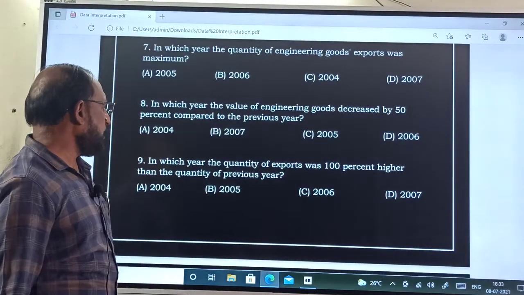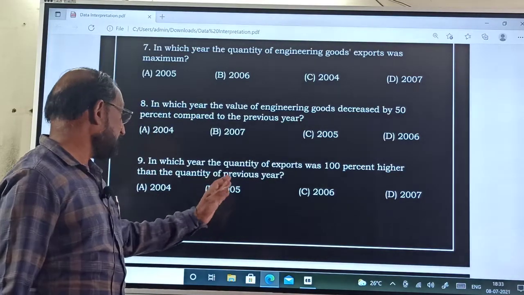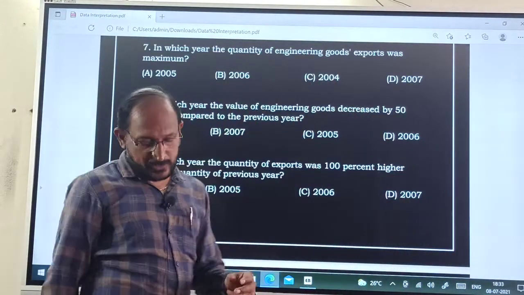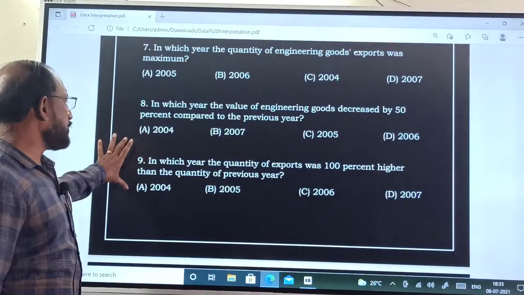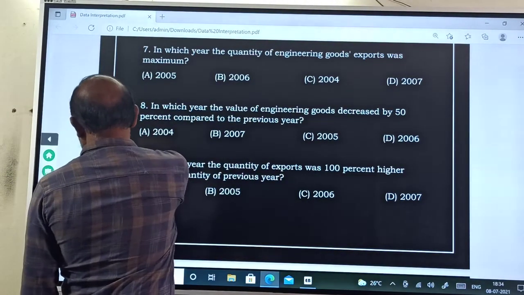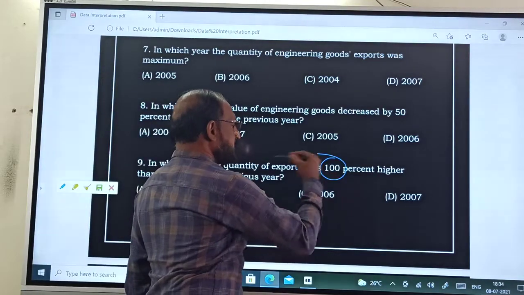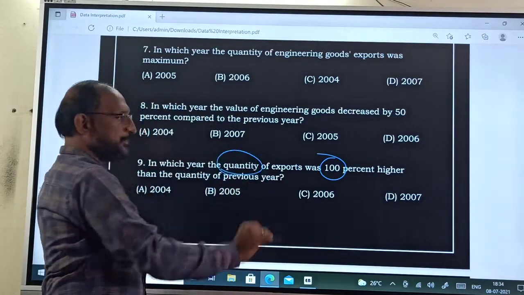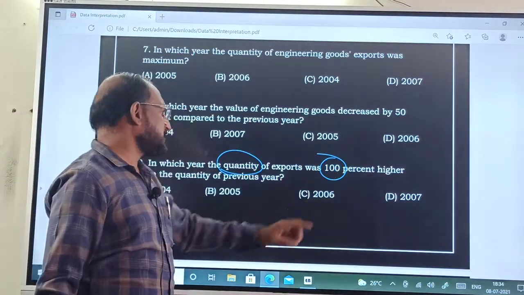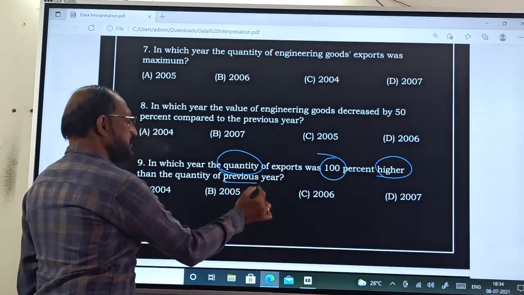In which year was the quantity of exports 100% higher than the quantity of the previous year? Read the problem and understand it first. In which year was the quantity of exports 100% higher than the quantity of the previous year?